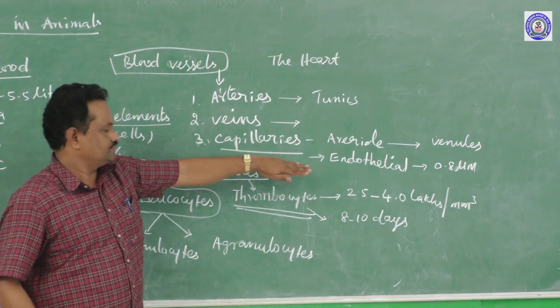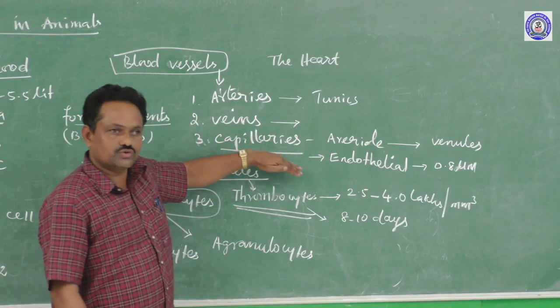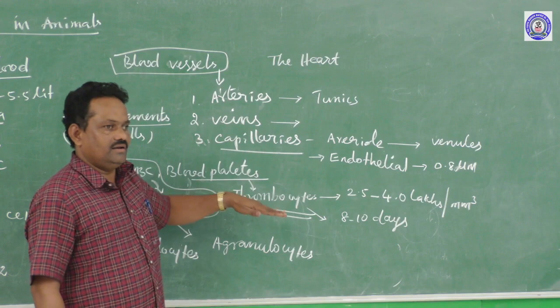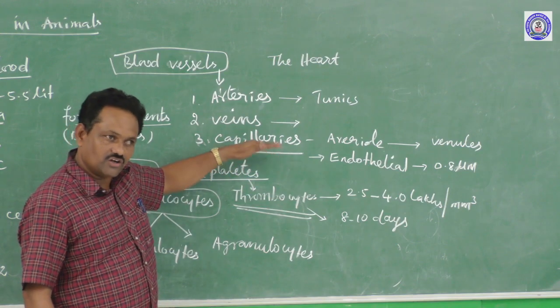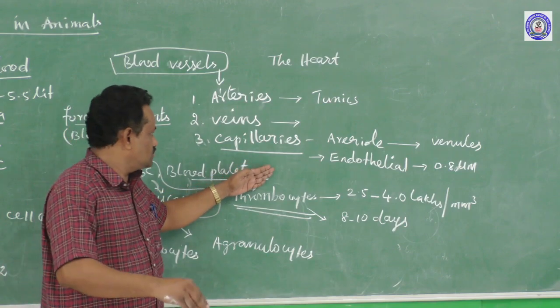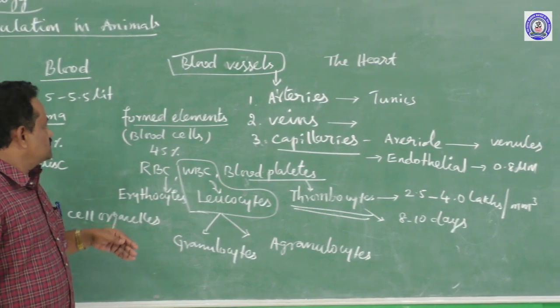So very thin, so that the blood can easily diffuse from the capillaries into the organs, and again the capillaries rejoin to form the venules, and many venules join together to form the veins carrying the blood towards the heart.